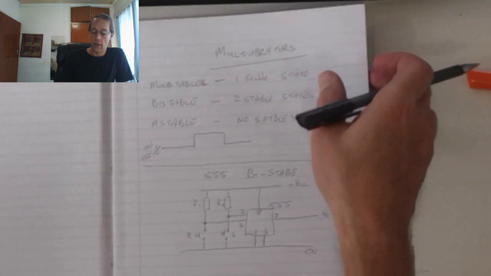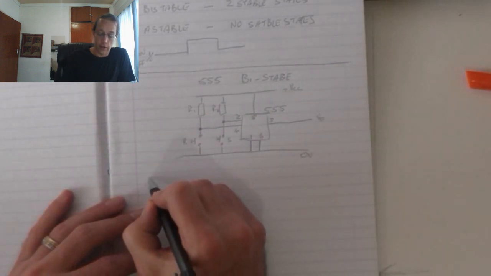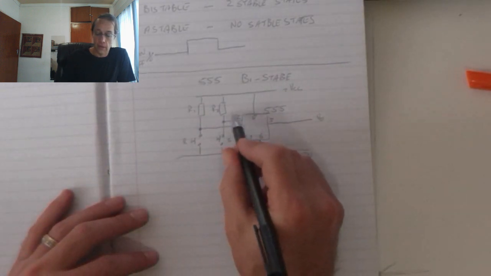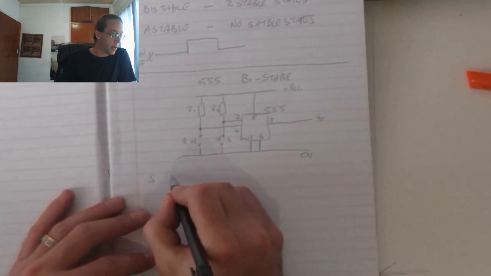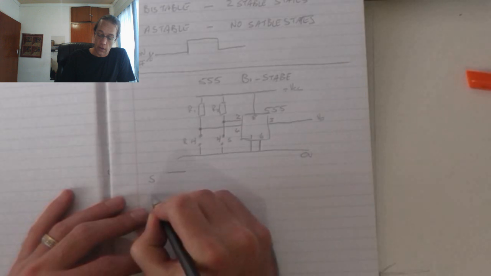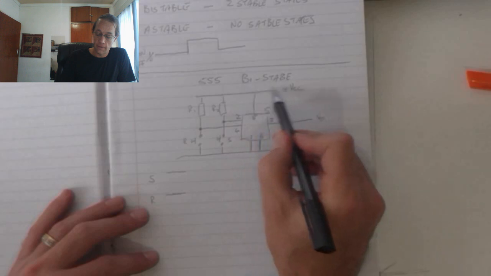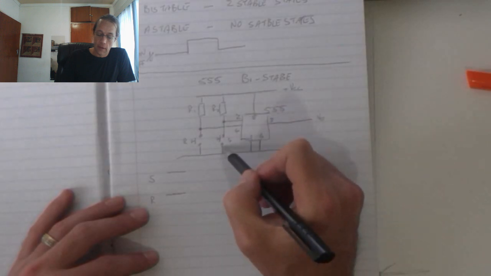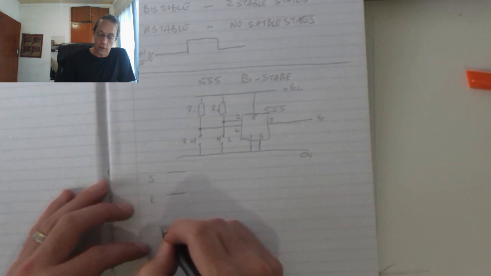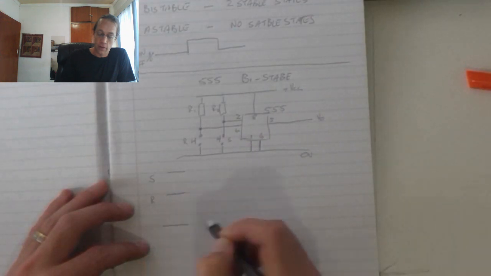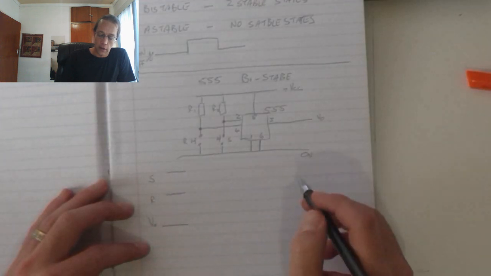Now when looking at this configuration with my two switches open, my set will have a high voltage, my reset will also have a high voltage because they are connected to the positive supply. The switch is open so it doesn't connect to ground. My output will be whatever the value was when I switch this device on.